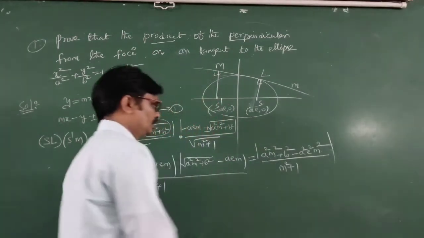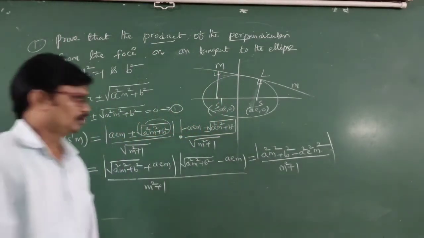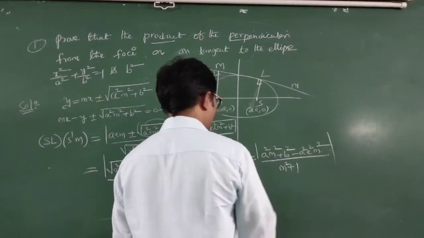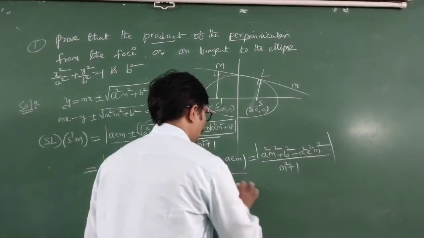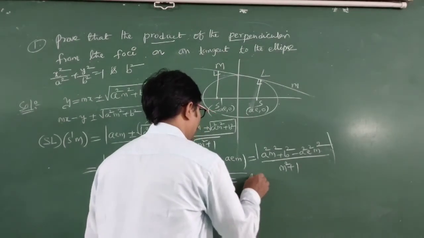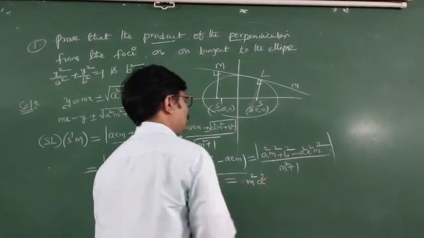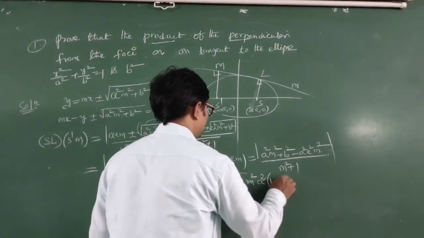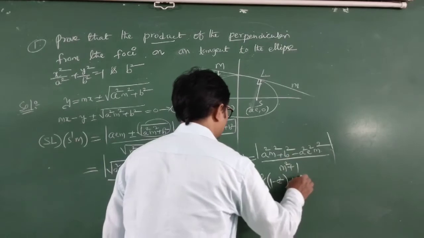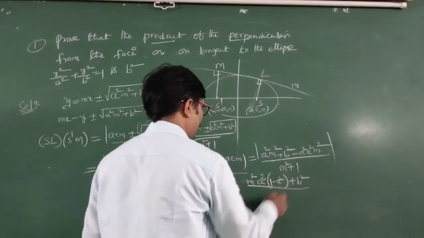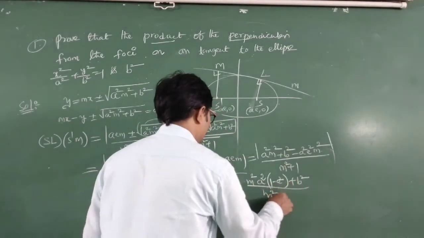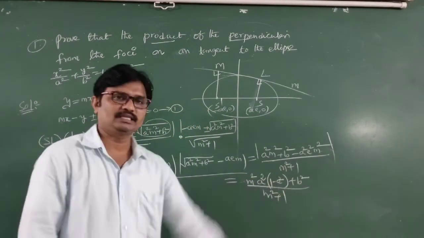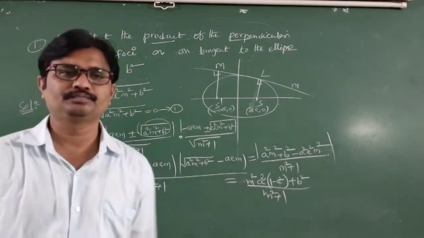Taking a square m square as common, what remains is 1 minus e square. My dear students, the remaining in the numerator is b square, times m square plus 1. So a square into 1 minus e square is the formula for b square.